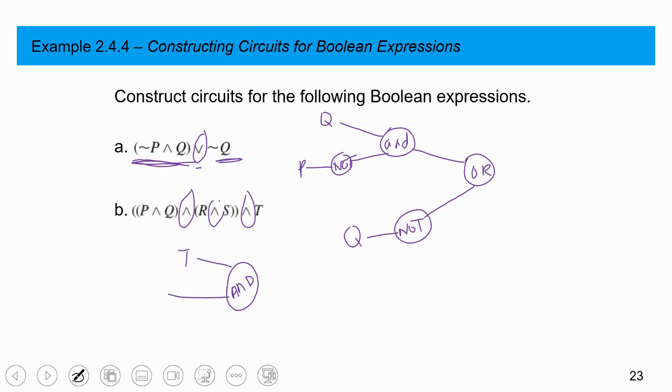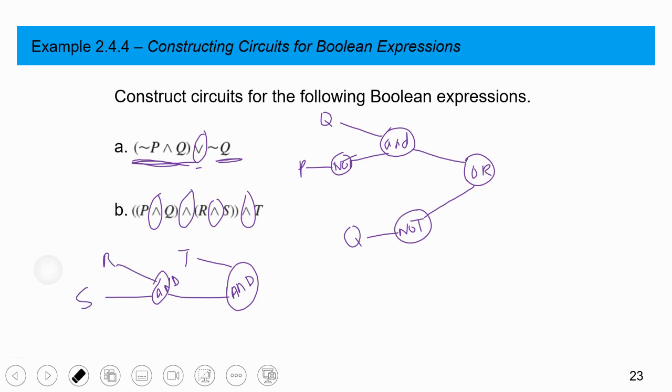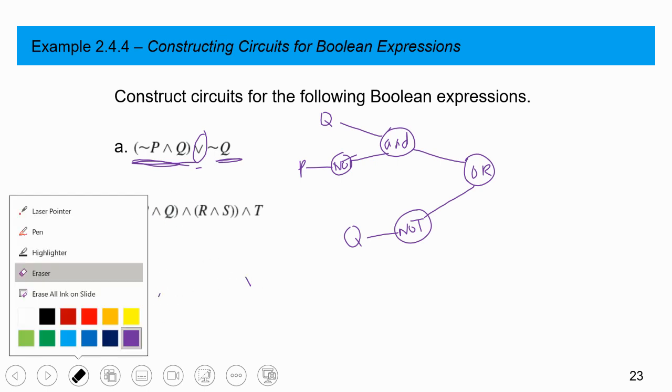I've got another AND statement, R and S. And then I've got another, I see I'm reading this wrong. Let me start over on this one. I missed a set of parentheses. Okay, so let me start over here.